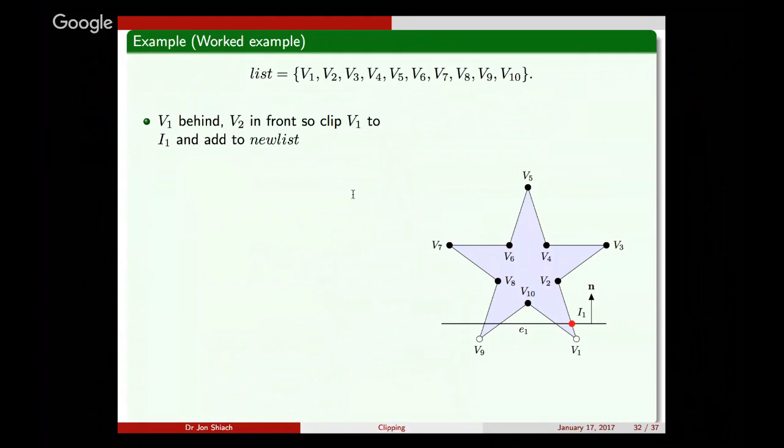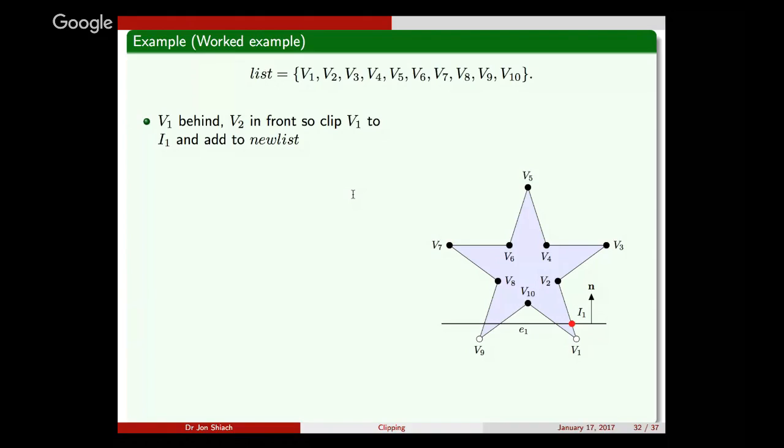We look at V1, the line joining V1 to V2. V1 is behind, V2 is in front. So what we do is we clip V1 to this edge. We do that using Cyrus-Beck. And I label that new point I1 for intersection, and add that to the new list.